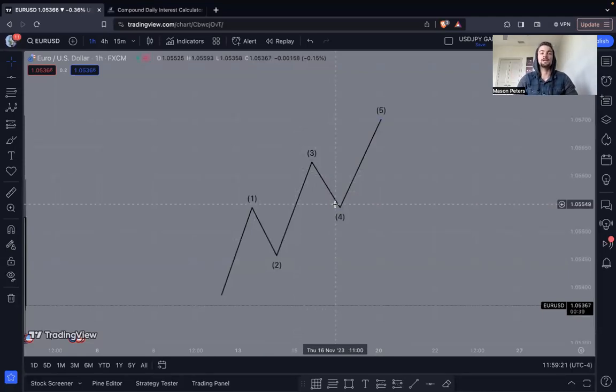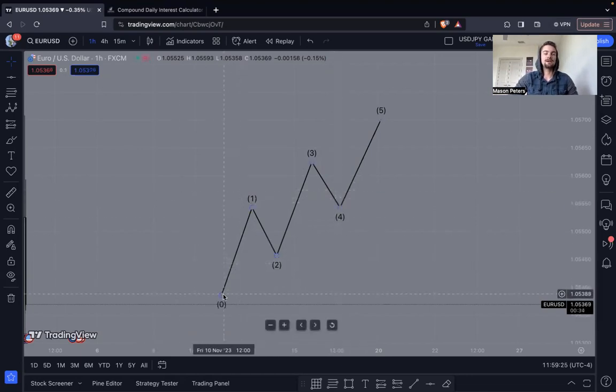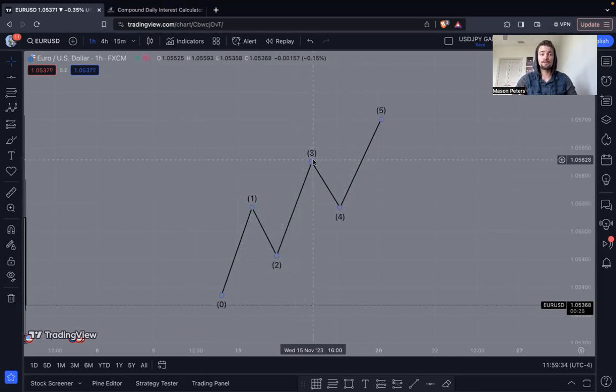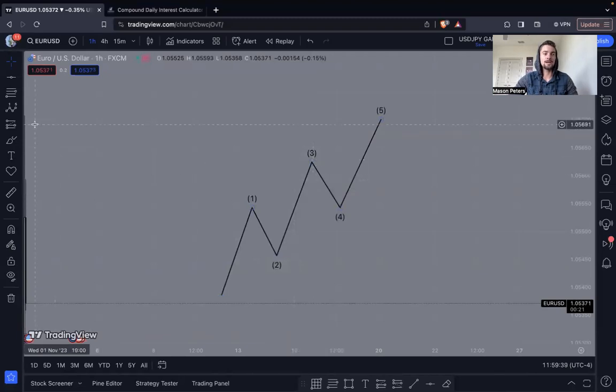This is the basic Elliott wave pattern formation, right? Now, let's say you have that first wave up and you have your 1, and then you have your retracement wave 2. That impulse wave 3 is the largest of the 5 waves. It is almost always the largest of the 5 waves, okay?